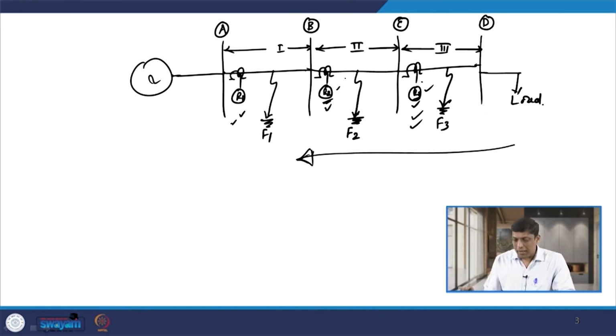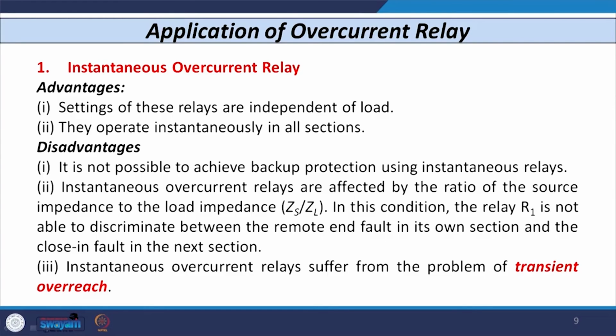This type of backup protection is not possible if R1, R2, R3 are all instantaneous overcurrent relays, because each relay operates instantaneously and has only the current setting, it does not have any time dial setting. So, that is the first disadvantage.